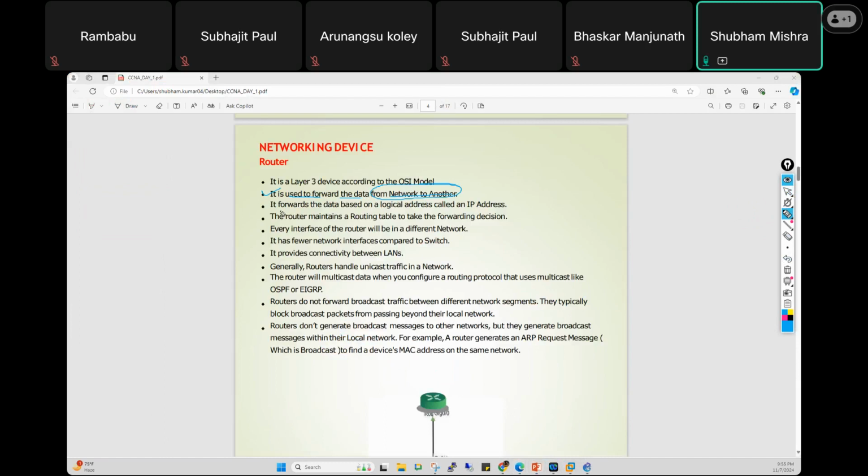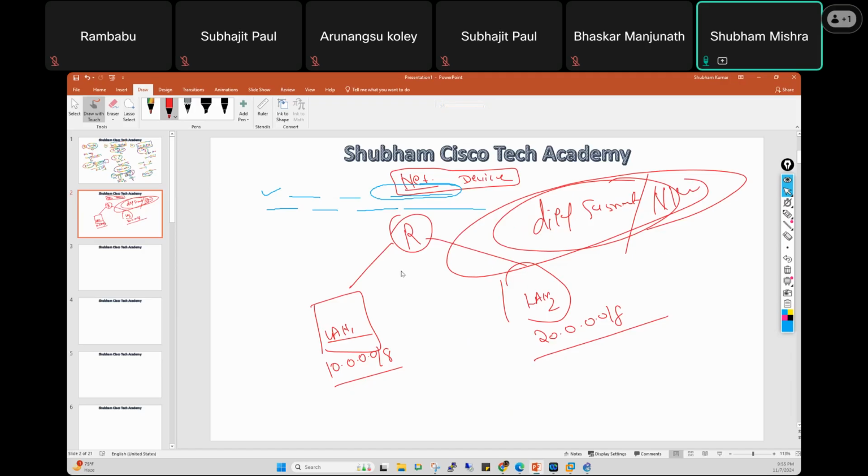Now point number 3 is that it forwards data based on the logical address called the IP address. I told you in the previous class, for example, if there is PC number 1 and PC number 2, and PC number 1 wants to communicate with PC number 2, how is it possible?